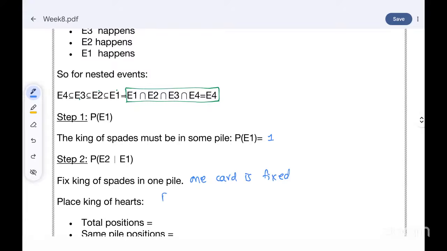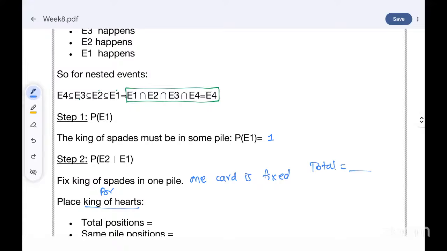No, for this particular card, for the king of hearts, how many possible boxes do you have? So in the beginning, how many boxes were there?